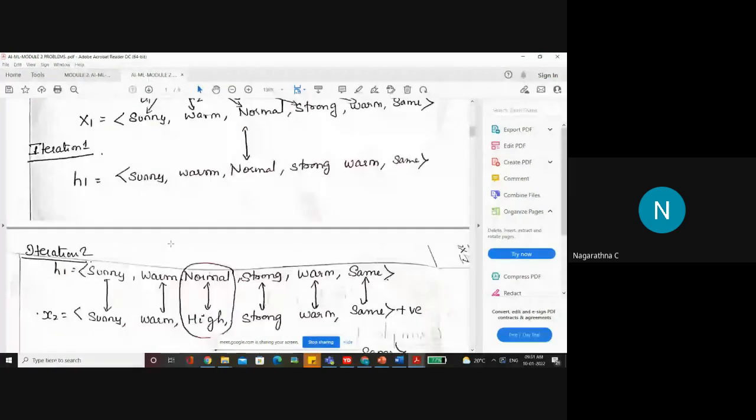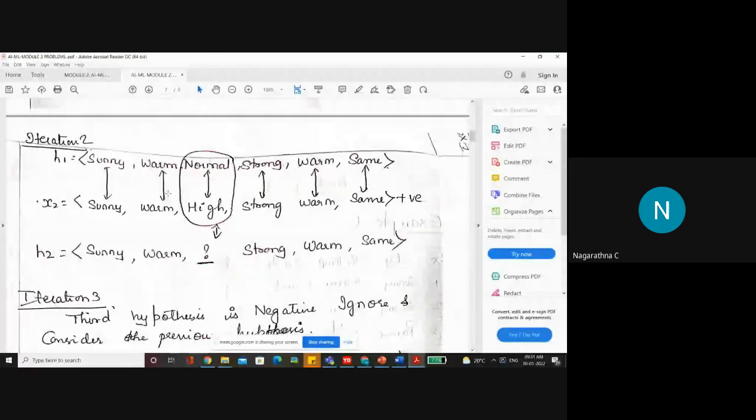So in iteration 2, the next instance we will consider. The second instance is sunny, warm, high, strong, warm, same, with positive data set. Then we will consider hypothesis 1 and the instance x and check it.